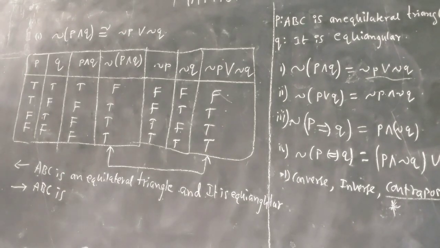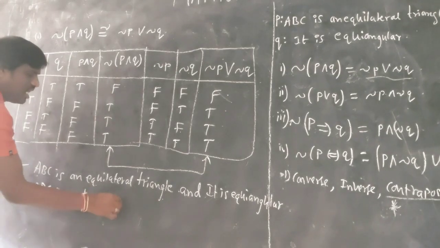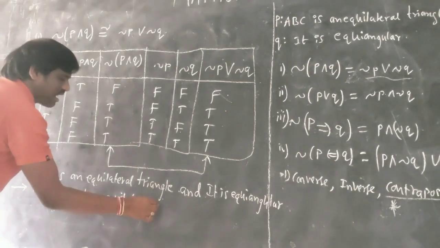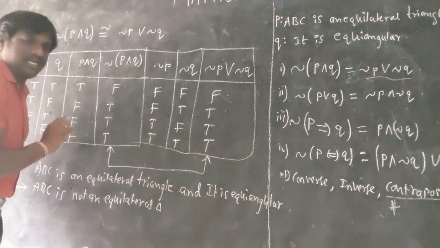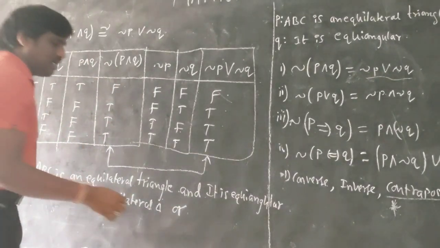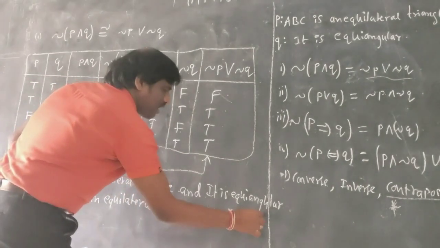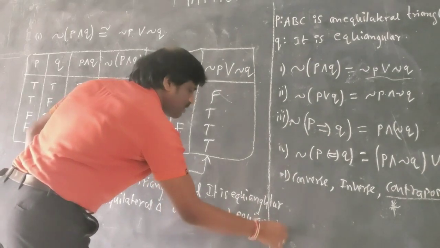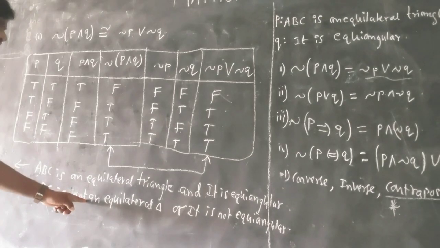So what I get here: ABC is not an equilateral triangle, or, I use 'or' not 'and' here, it is not equiangular. This is the way to write. So the inverse of this compound statement is: ABC is not an equilateral triangle or it is not equiangular.